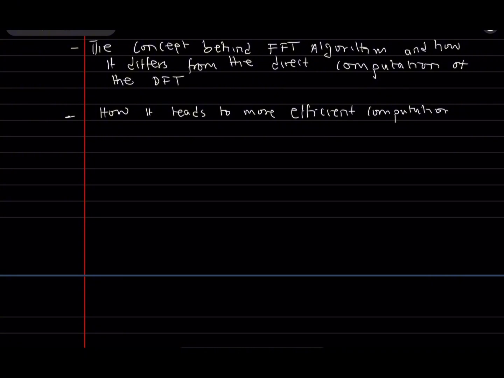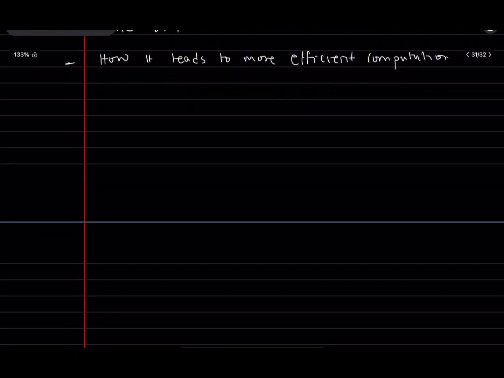The basic concept of the FFT algorithm, which is the fast Fourier transform algorithm, as I said, is a computational method used to efficiently calculate the discrete Fourier transform of a sequence, right?